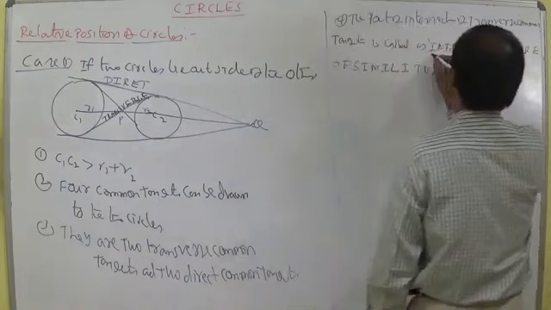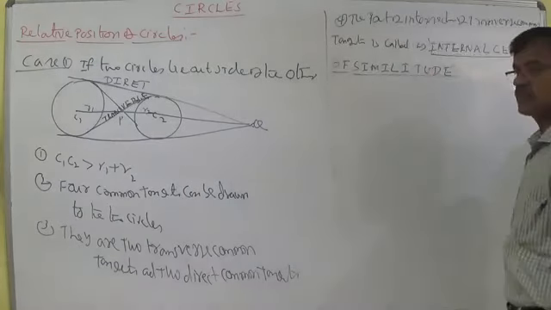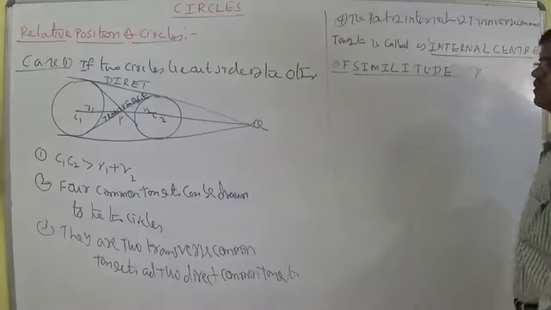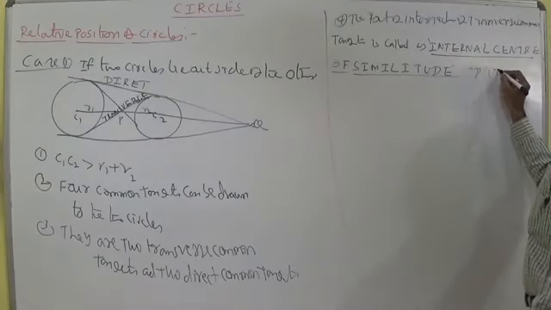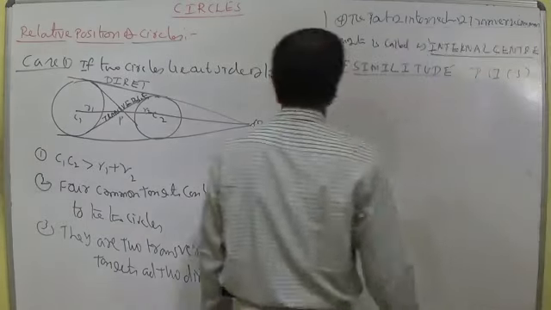The point of intersection of transverse common tangents is called internal center of similitude, P. General notation ICS means internal center of similitude.